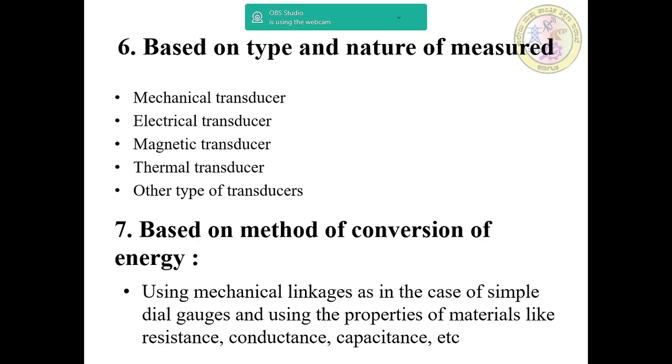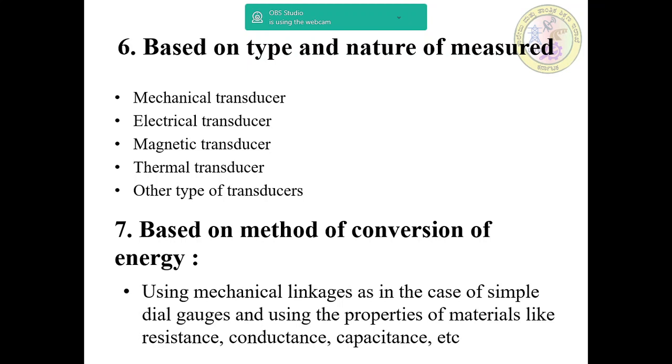Next type is based on type and nature of measure. This is again classified into five major groups: mechanical transducer, electrical transducer, magnetic transducer, thermal transducer, and other types of transducers.